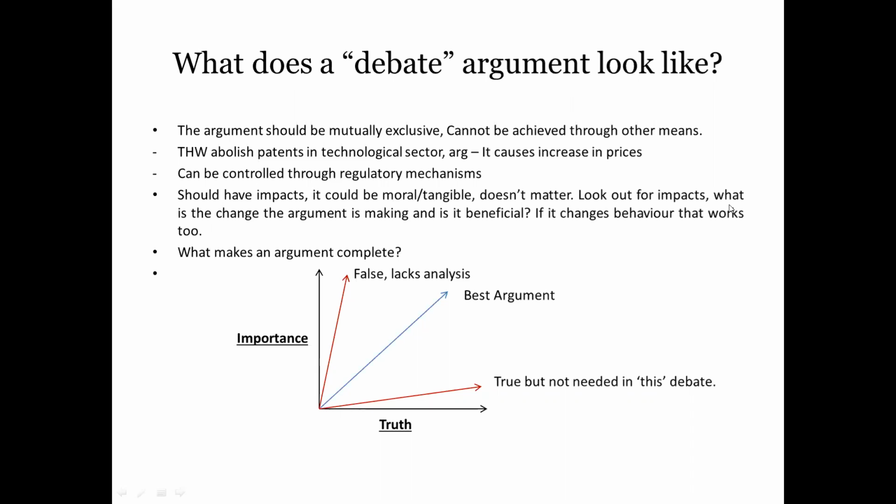Abolishing patents and reducing prices has a significant impact upon the investors that invest in those technological firms to develop the technology. As soon as patents are abolished, every person can manufacture the same Snapdragon processor chip.